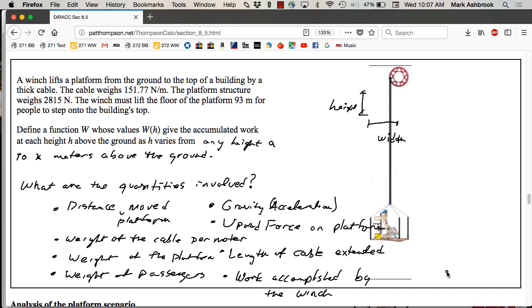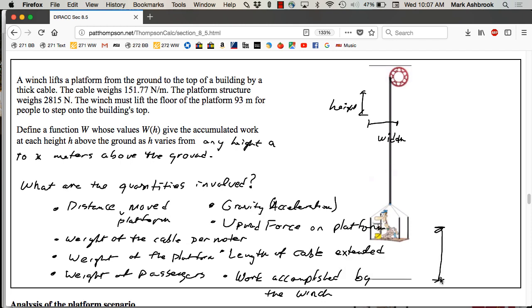What's that? The height. The height of the platform? It's got to be the height of something. So I think we mean the height of the platform. When we say the height of the cable, the cable is all of this, right?